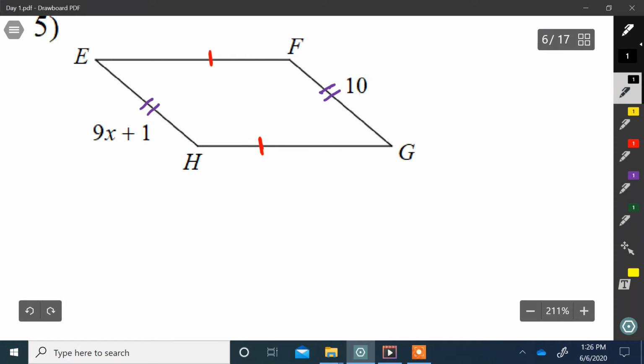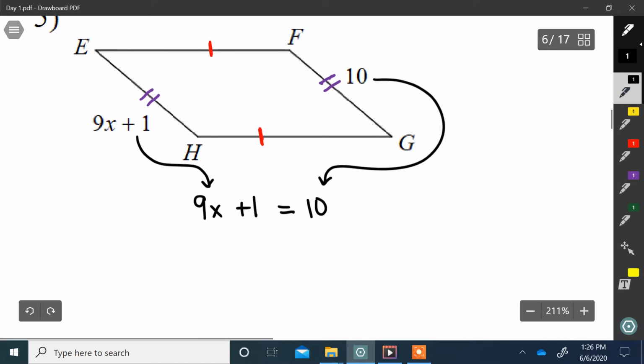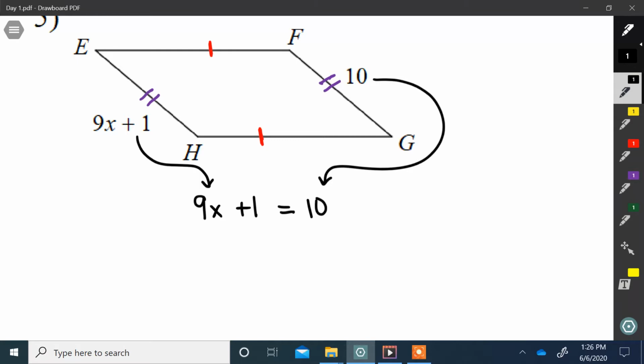So if those two are congruent to each other, we're going to set up an equation like this. 9x plus 1 is equal to, because they're congruent to each other, 10. This one goes here, and that one there, and those two are equal to each other because those two sides are congruent to each other.